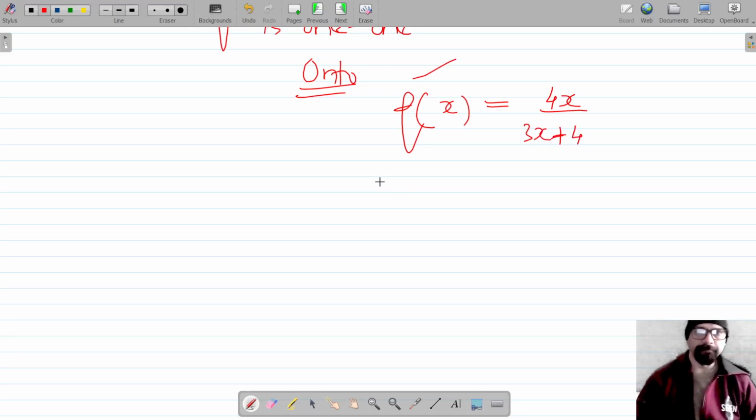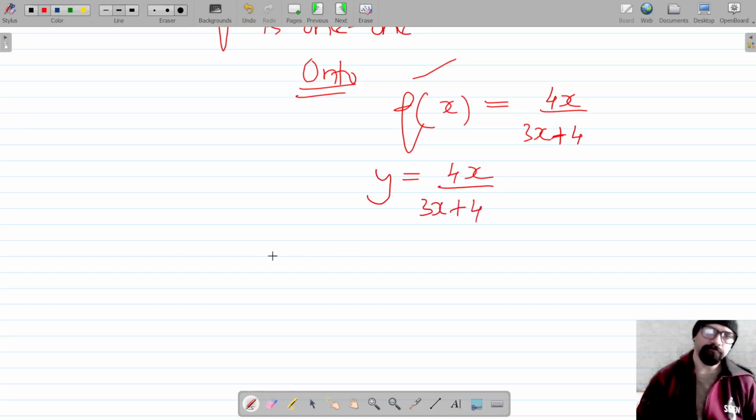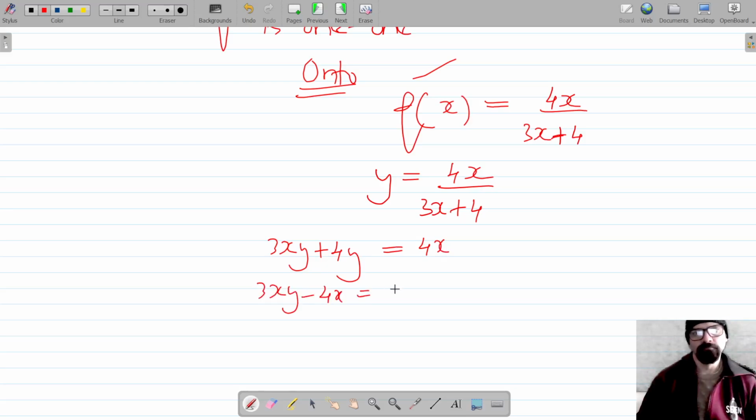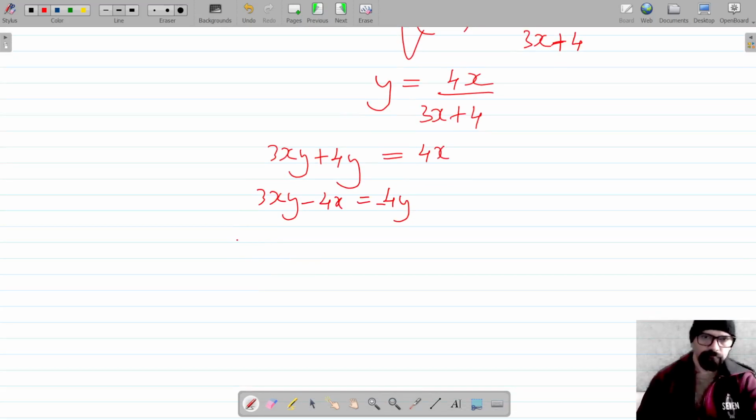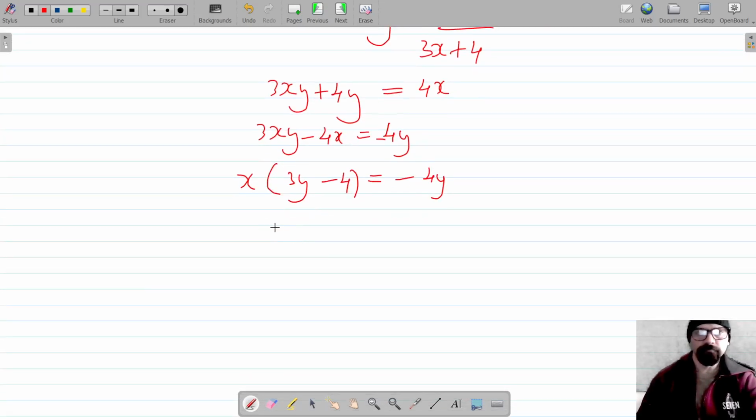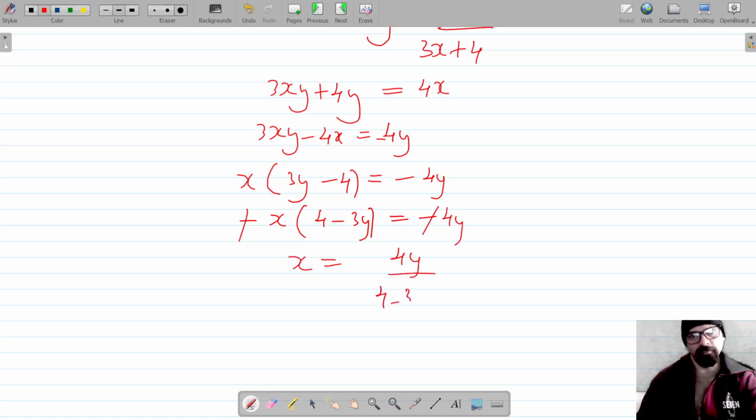Let f of x be y. Finally we have x, which is 4y upon 4 minus 3y.